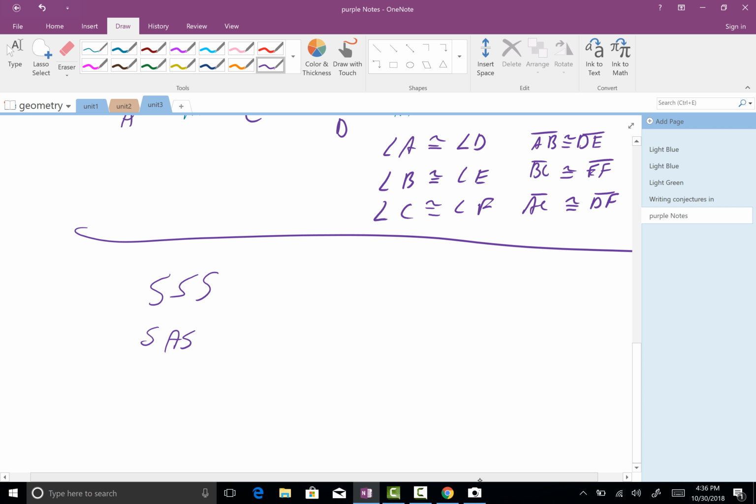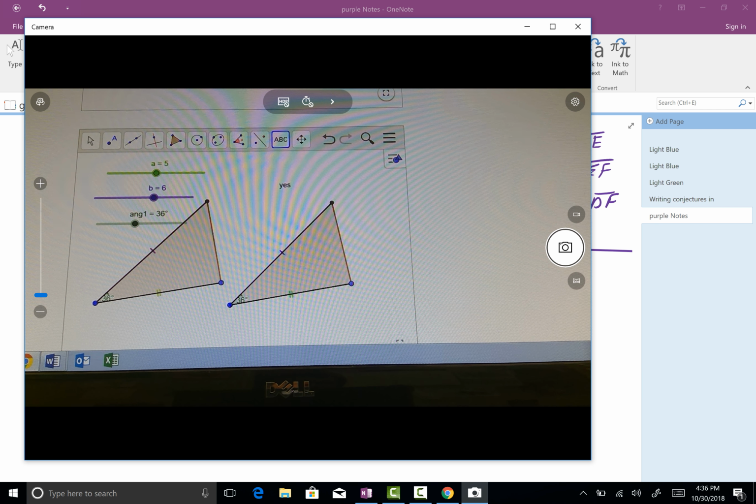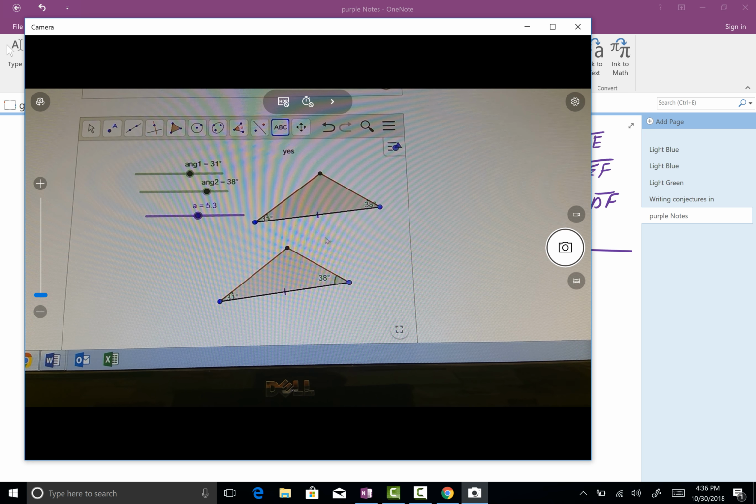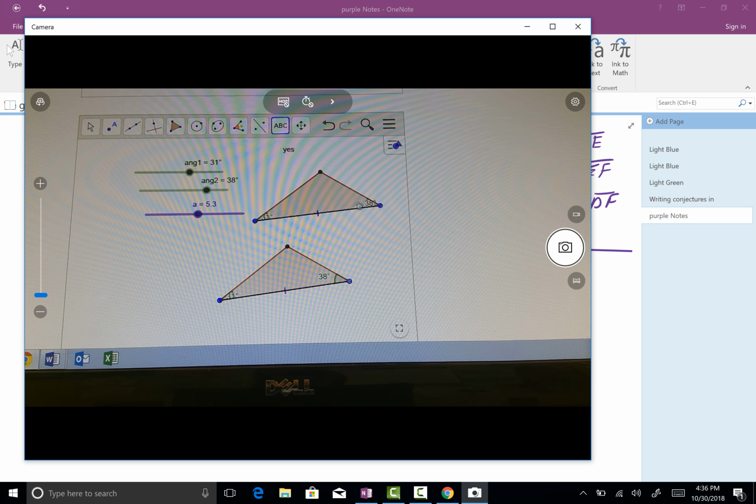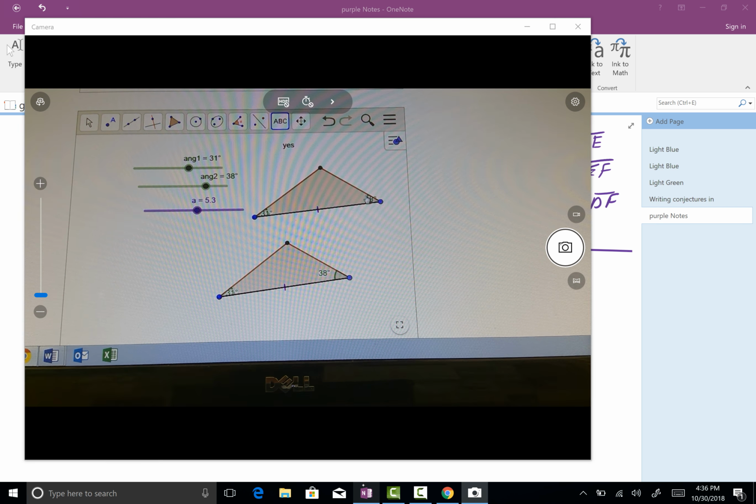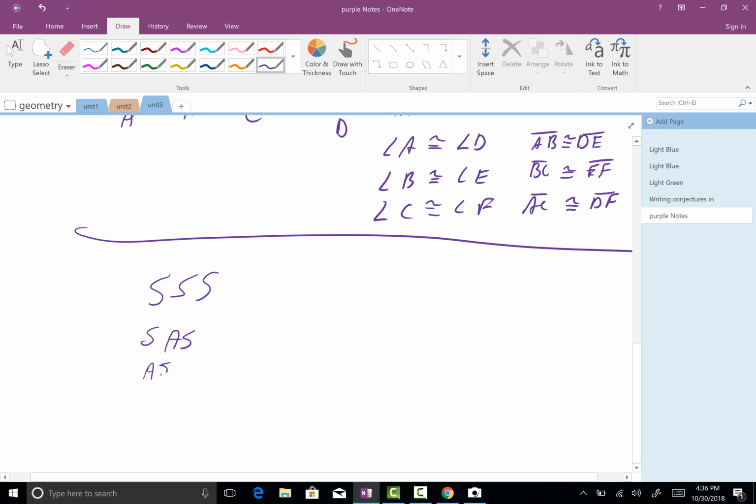My next one is angle, side, angle. And that one worked. This one was angle, angle, angle. It did not work. And finally, we had a side, angle, angle, and that one worked.